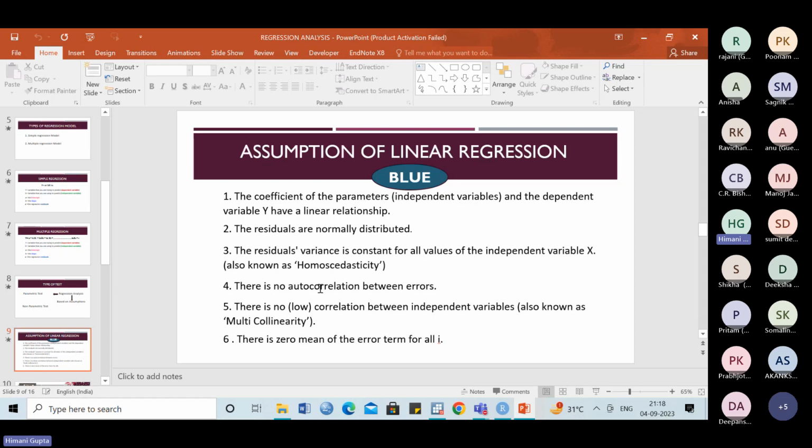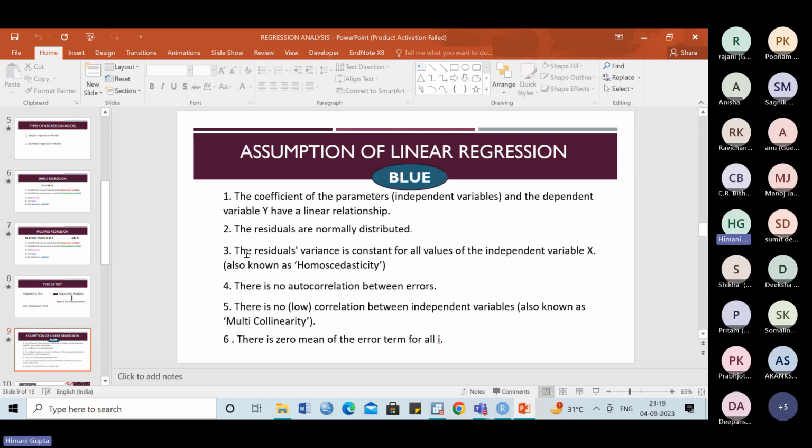It should not be related with itself. If it is, what do we have to do? We have to take that variable out. And if we find that autocorrelation is there, we have to see why, and find that unobserved variable. What is the reason why my model is not good?